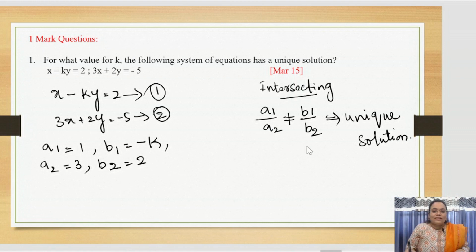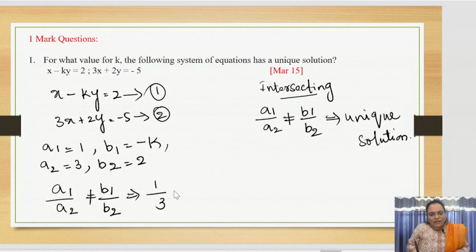So what is the condition for intersecting lines? It is a1 by a2 is not equal to b1 by b2. So what is a1 here? It is 1 by a2 is 3 is not equal to b1 is minus k by b2 is 2.